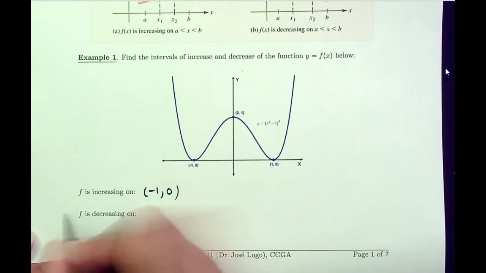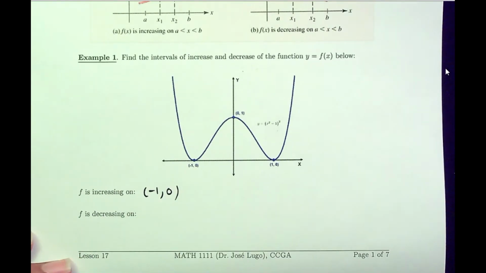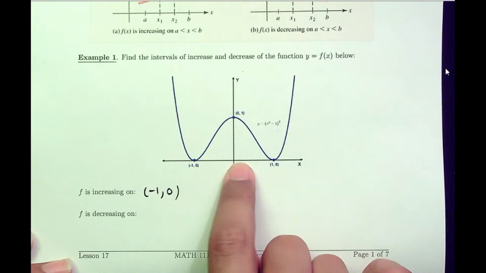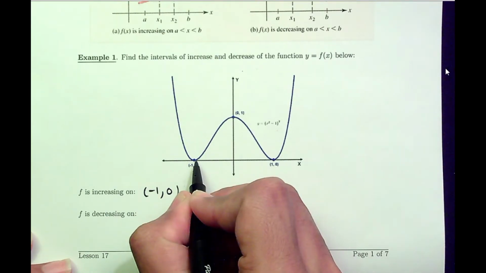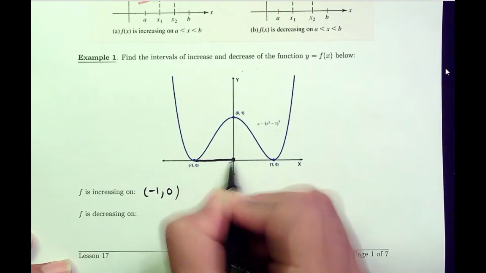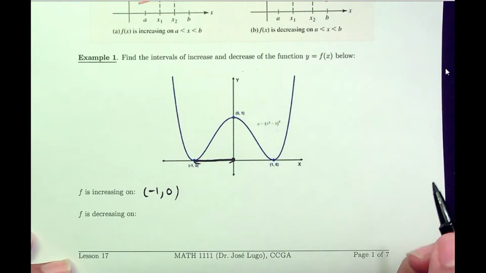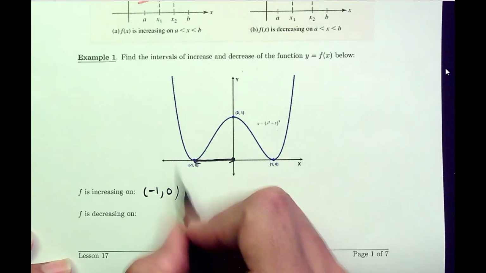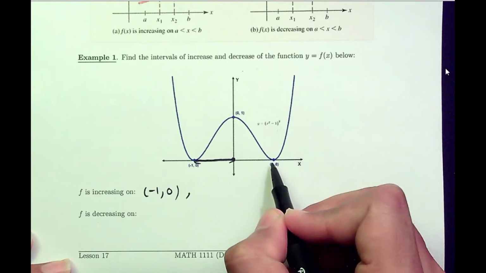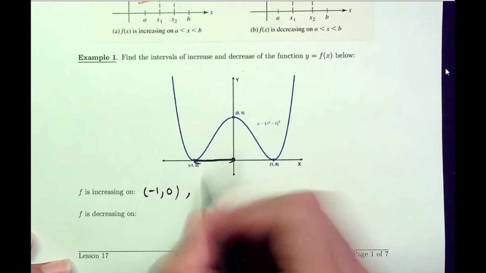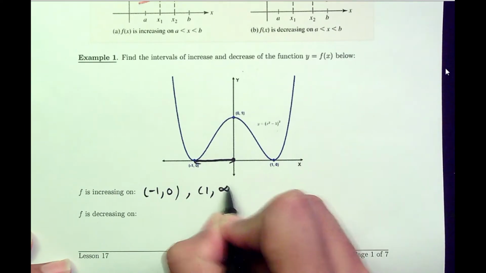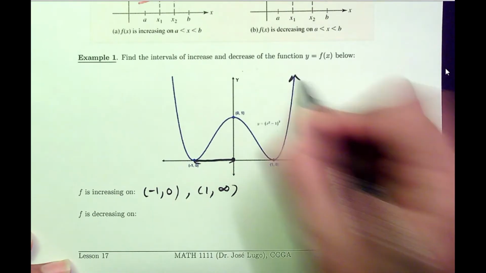So you write here the x values. In this part, the graph is increasing. Also, it is increasing from this point onward, from 1 to infinity, assuming that the graph goes on forever.